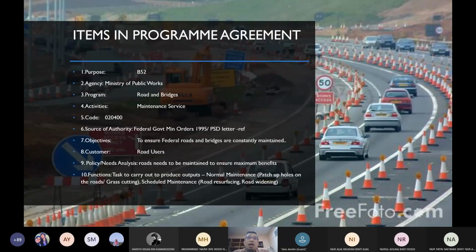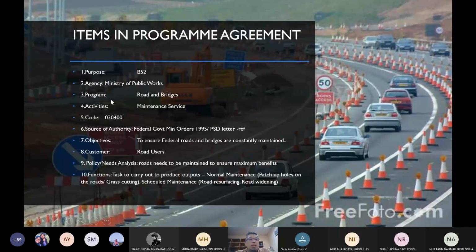There are roads under the care of the federal government, and also under the care of state government as well as local government. But here we focus on the federal roads, because MBS is under the federal government. Source of authority is where they get their mandate. The objective is to ensure federal roads and bridges are constantly maintained.